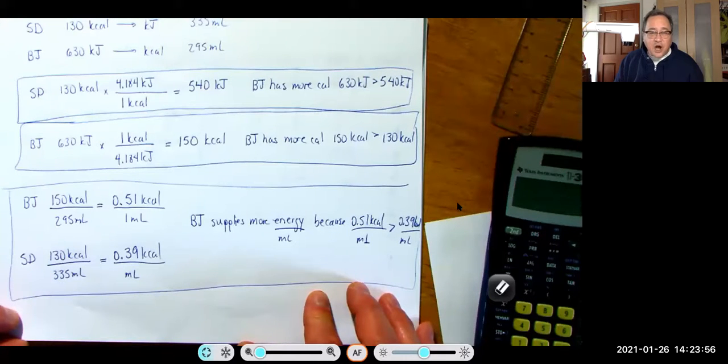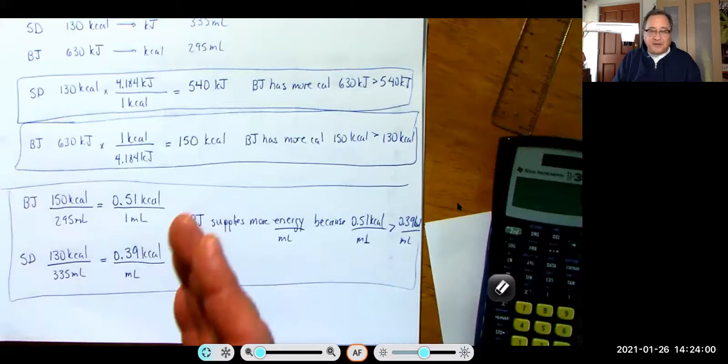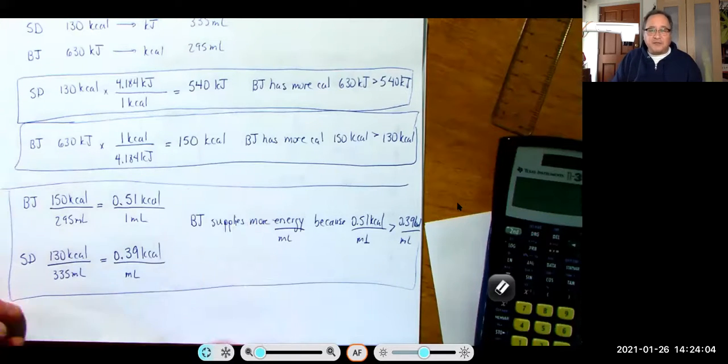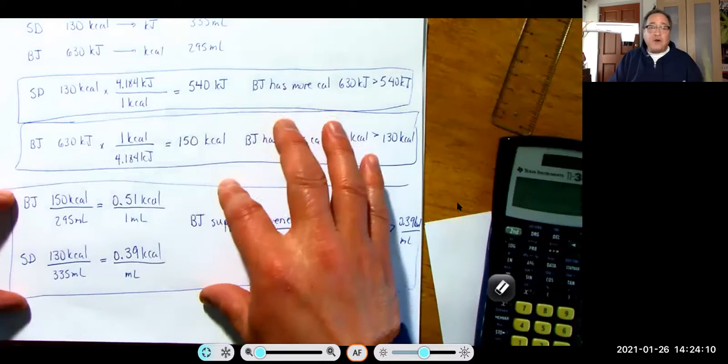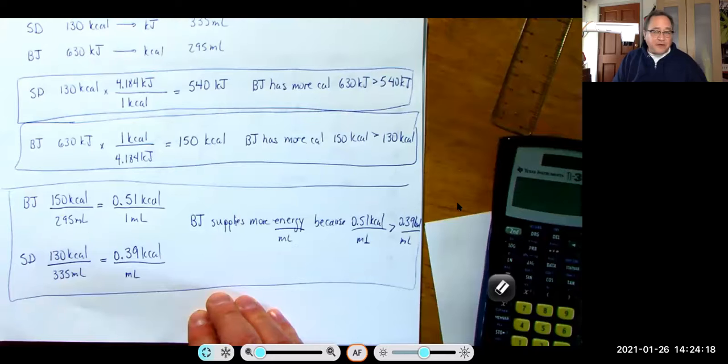And the answer is no, because this data doesn't show you that berry juice is better for you. It only shows you that there's more calories per milliliter. So the only scientific claim we can make from this is that there are more calories per milliliter for berry juice than there are for the soda. We can't make any claims as to which is better for you.